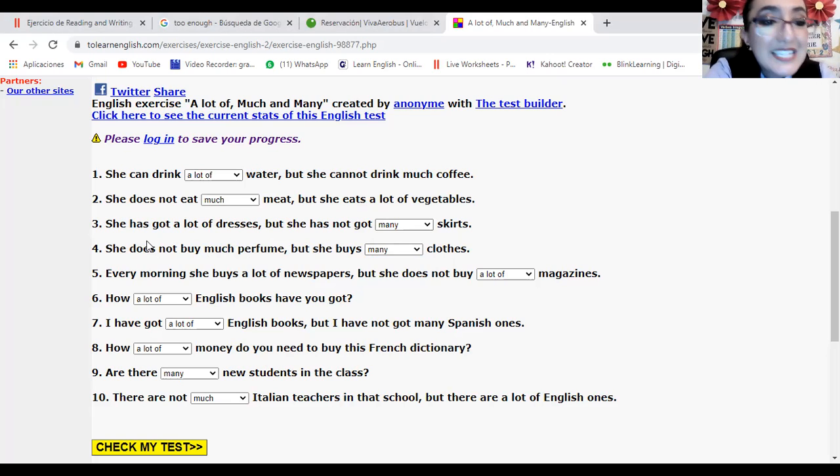Number 4, she does not buy much perfume, but she buys what? Many clothes, a lot of, much. A lot of. It could be a lot of, or maybe many clothes, depending.